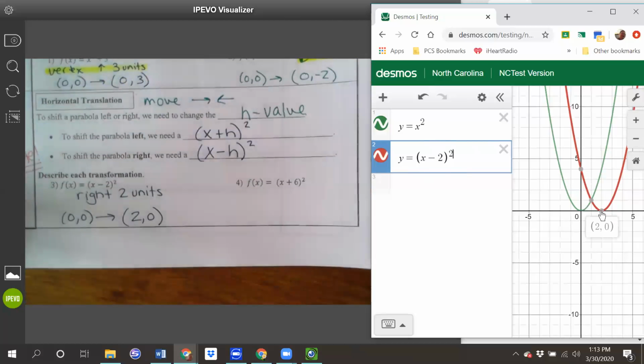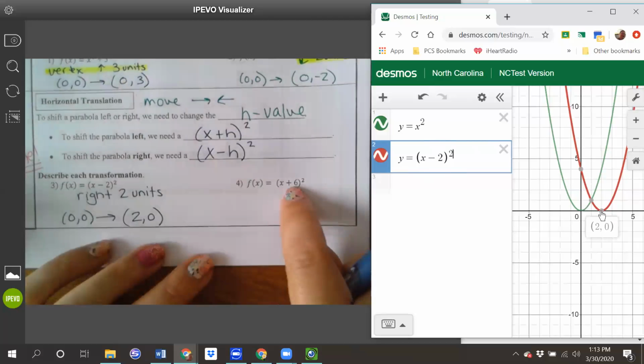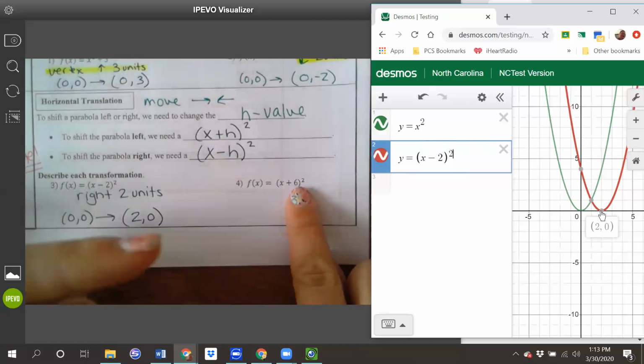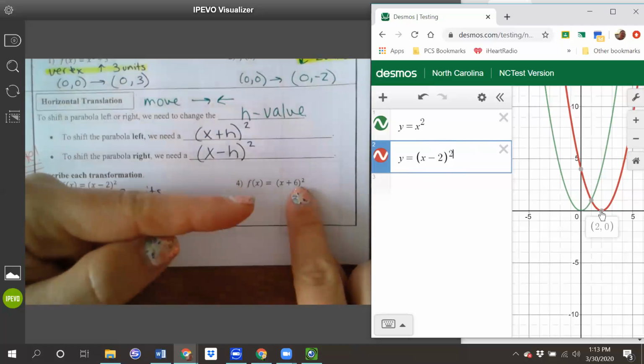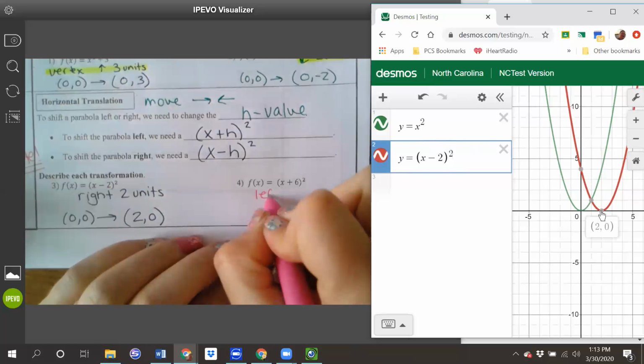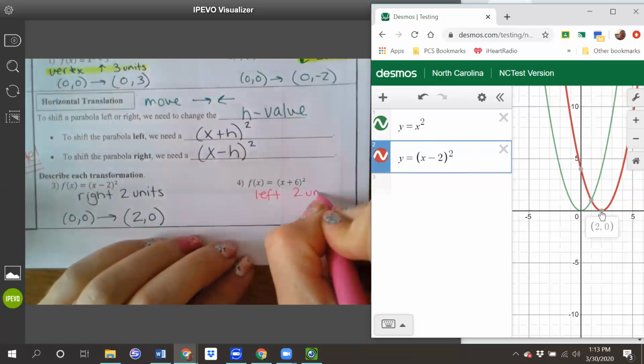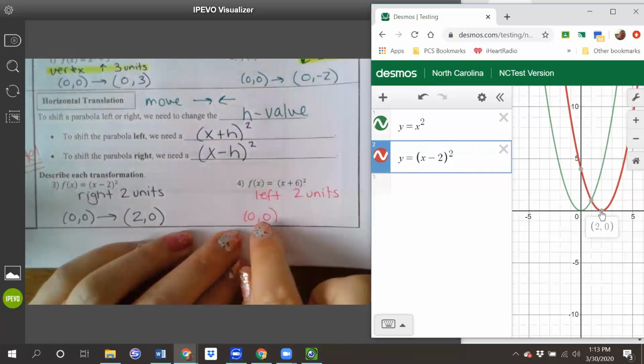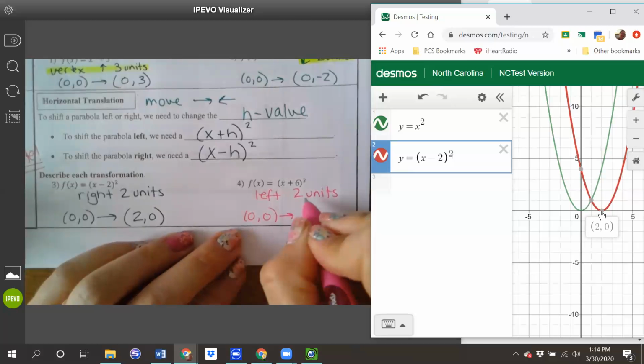Let's take a look at number 4. I have an x plus 6. So my gut tells me plus 6 is to the right, which means it's going to the left. So that's going to take my vertex for the parent that starts off at the origin 0, 0, and it's going to take it left.